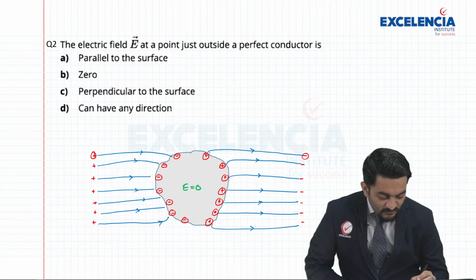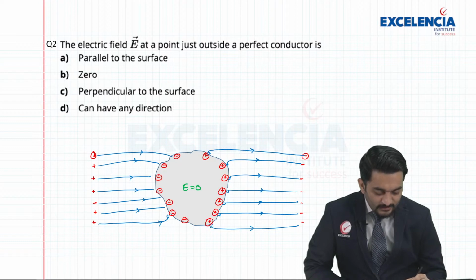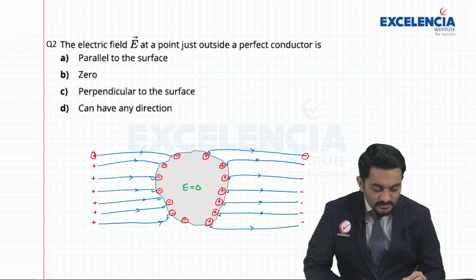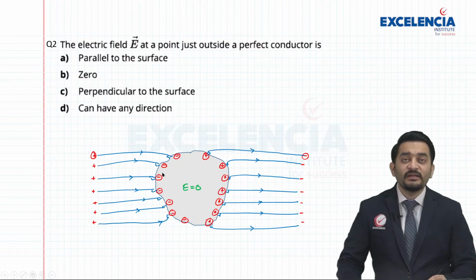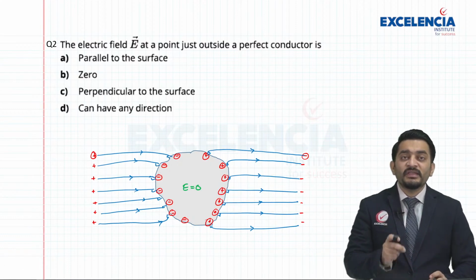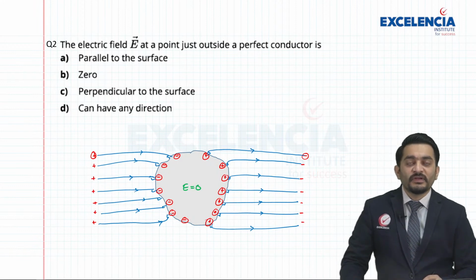If the electric field is perpendicular everywhere, we don't need to resolve it and we will not get any parallel component of electric field with the conductor, because the point you need to understand is that an electric field component cannot exist on the surface of a conductor.